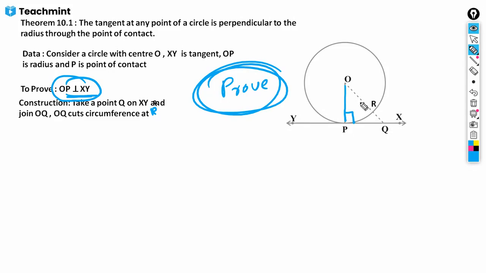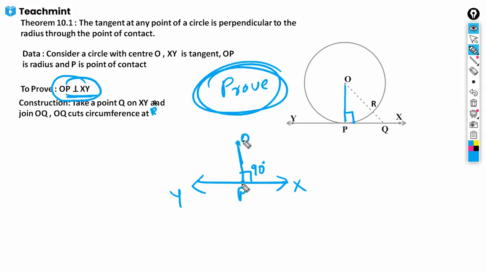See, listen to what I'm saying now. If I prove that OP is the shortest distance from the center to that line, then I can say that it is perpendicular. If I have to prove that OP makes a 90 degree angle with XY, I need to prove that this is the shortest distance from the center O to the line.